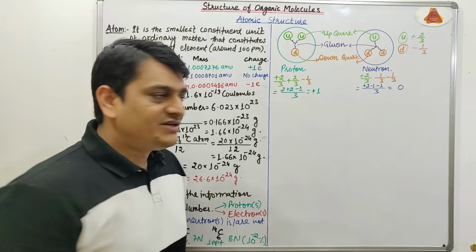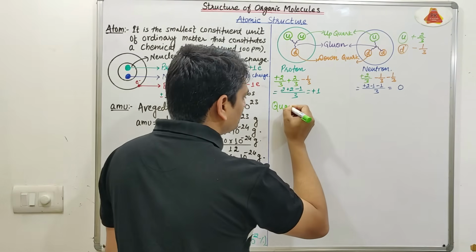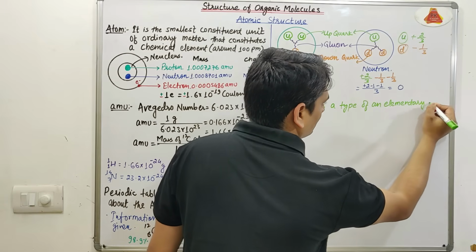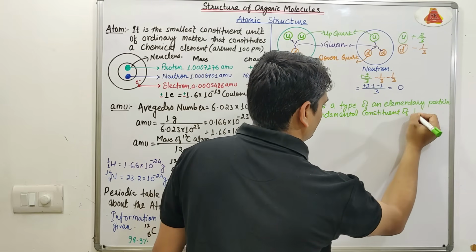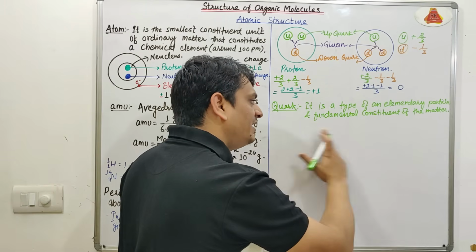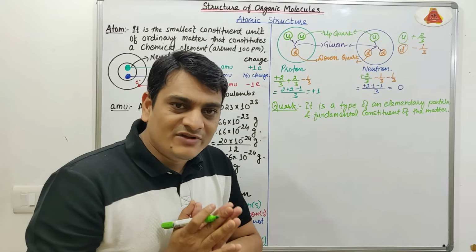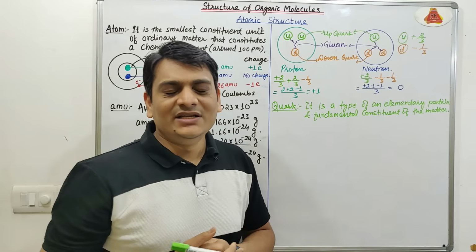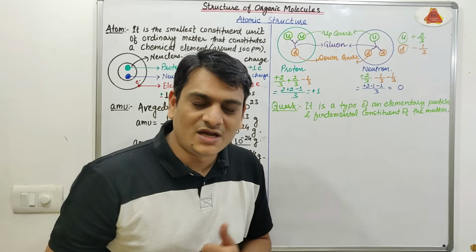Now coming to the definition of the quark, after that I will discuss the gluon. So what is a quark? It is a type of elementary particle and a fundamental constituent of matter. Quarks form protons and neutrons, which are present in the atom, and ultimately these quarks are responsible for the mass of the atom.